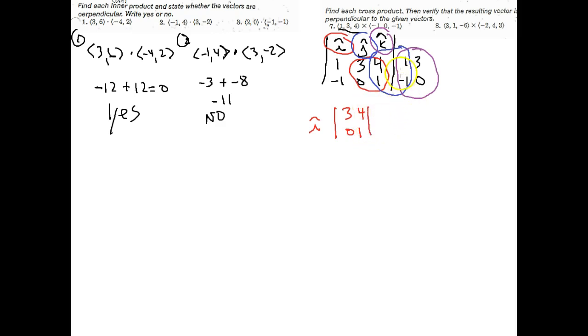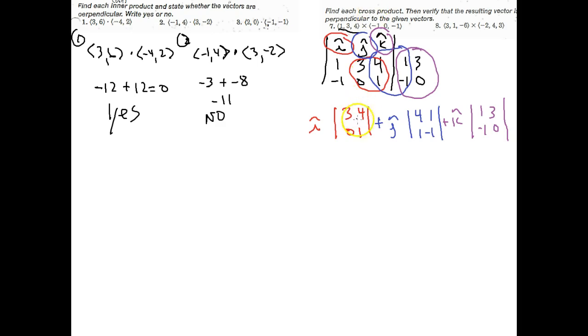I'm going to determine that. Plus, I'm going to do J hat times the 4, 1, 1, negative 1 matrix. And then I'm going to do the plus K hat, and it's going to be 1, 3, negative 1, 0, and I'm good there. Okay, and the rest is just building out your matrices, right?